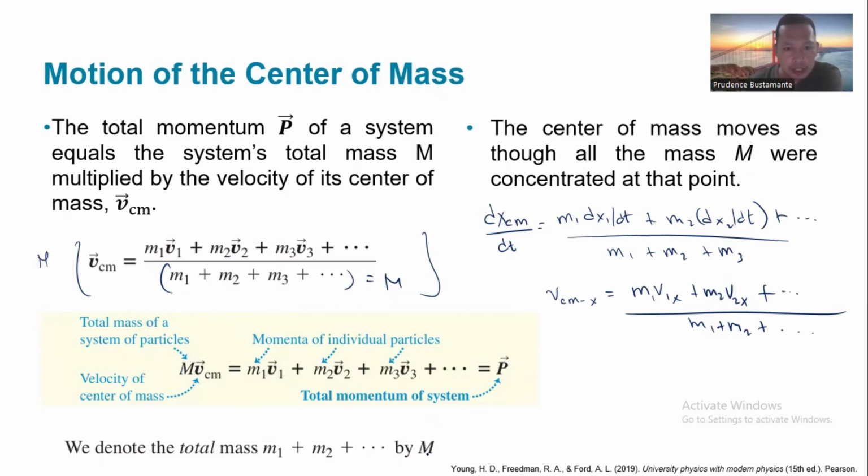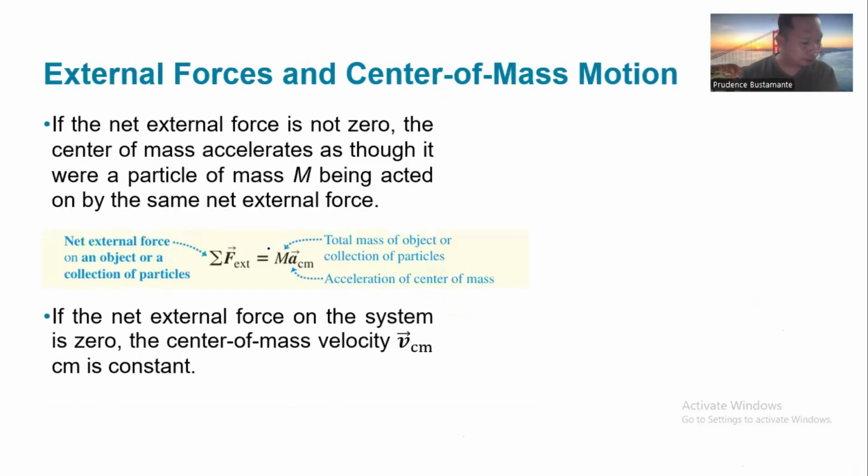The total momentum of the system is equal to the total mass of the system of particles multiplied by the velocity of the center of mass, which is equal to the momenta of the individual particles. So this is the motion of the center of mass.